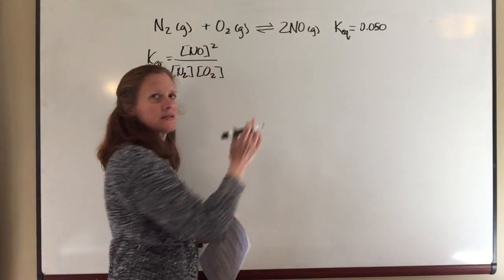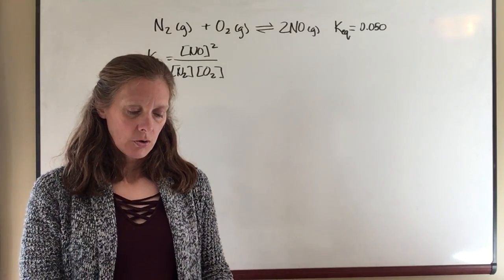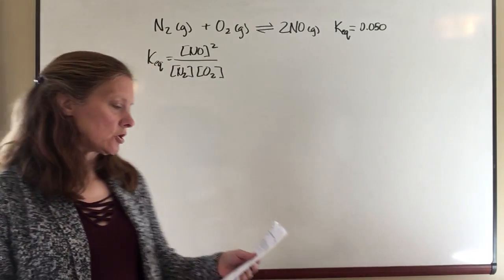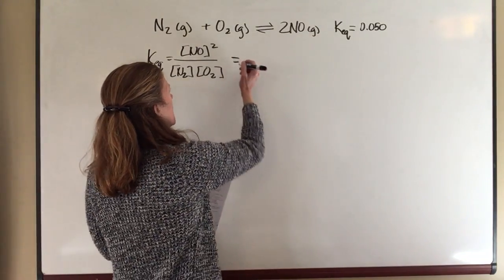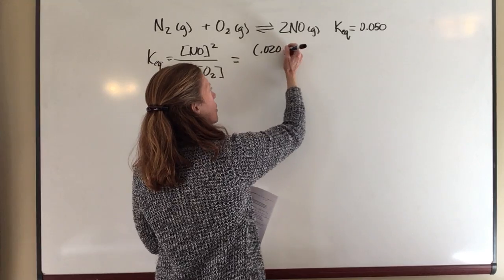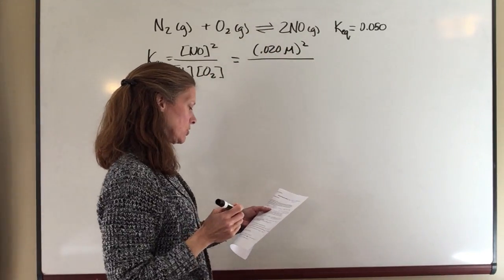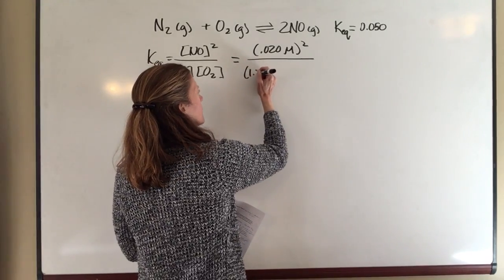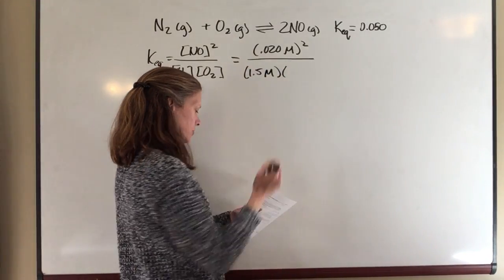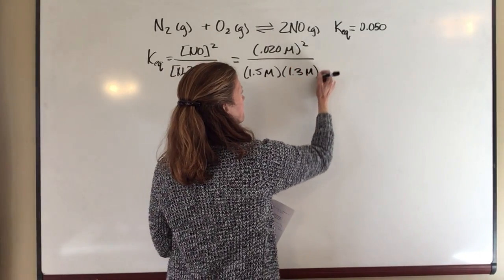Everything is in a gaseous state, so there's nothing in this particular equation that we're going to leave out. Okay? With the concentrations that we have been given, the nitrogen monoxide is 0.020 molar squared. And the concentration of the nitrogen is 1.5 molar, and the concentration of the oxygen was 1.3 molar.